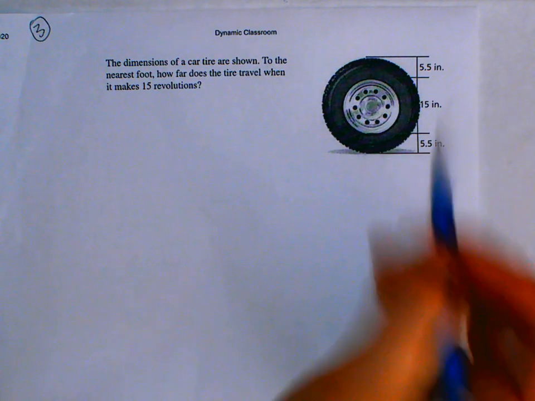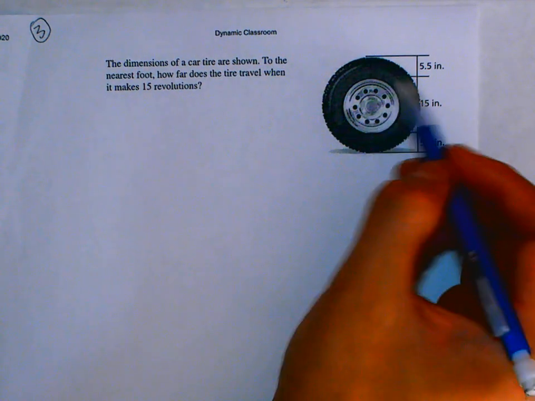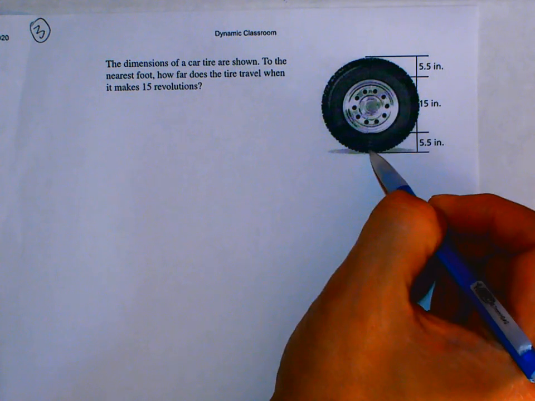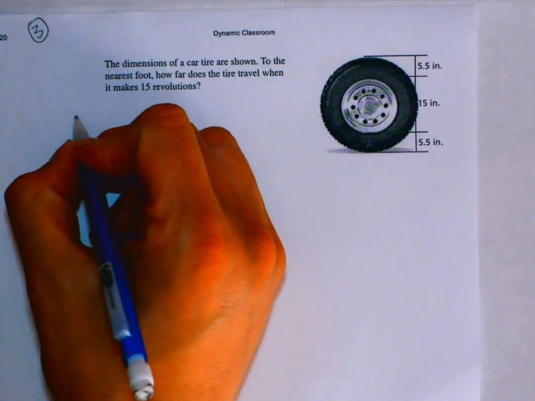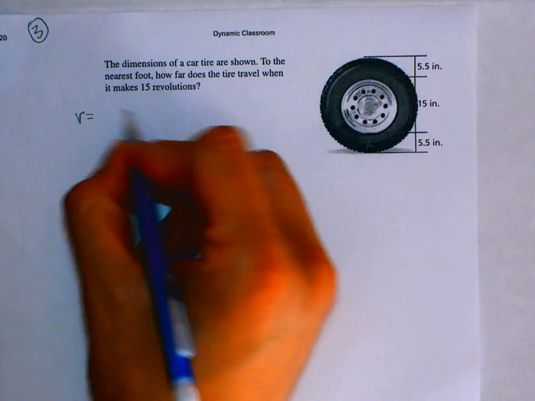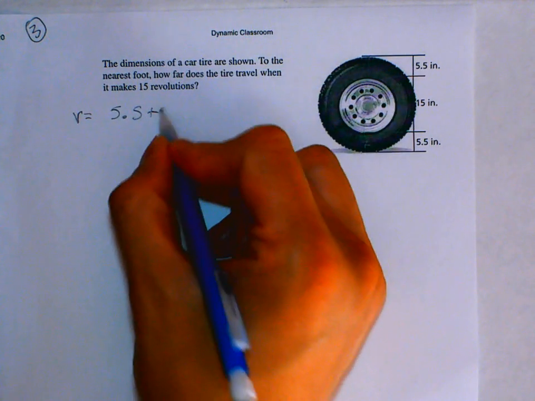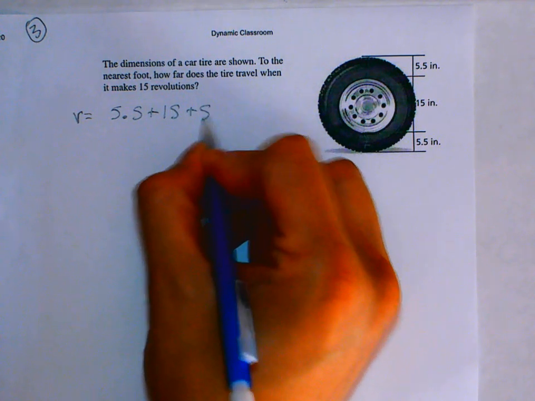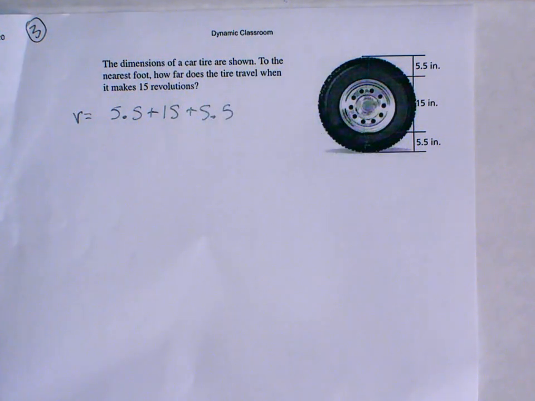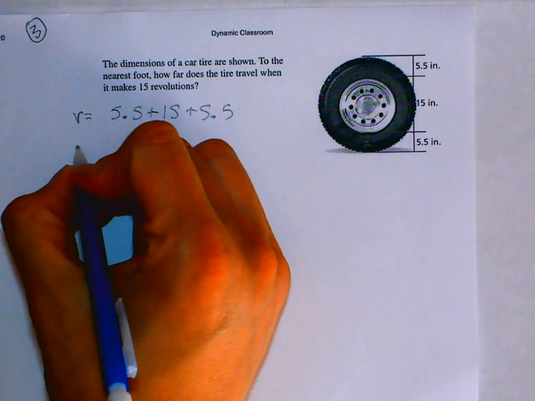Now, to find the radius, all we have to do is add up all of these, find the diameter, and divide it by 2. So to find the radius, all I have to do is add 5.5 plus 15 plus 5.5. So 5.5 plus 5.5 is 11, plus 15 gives me 26.